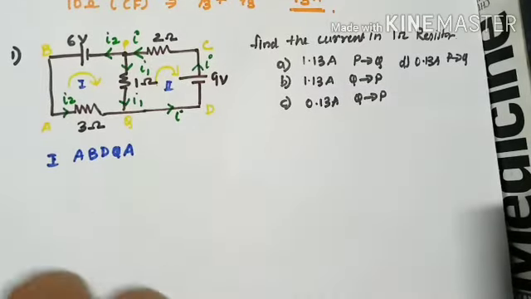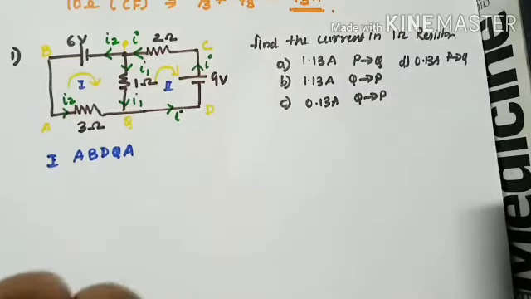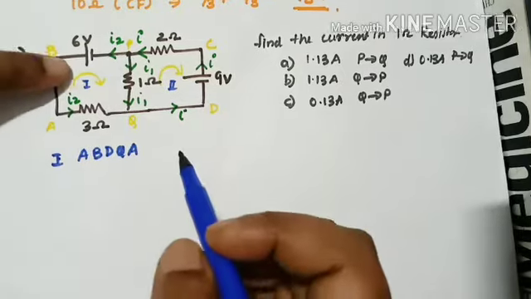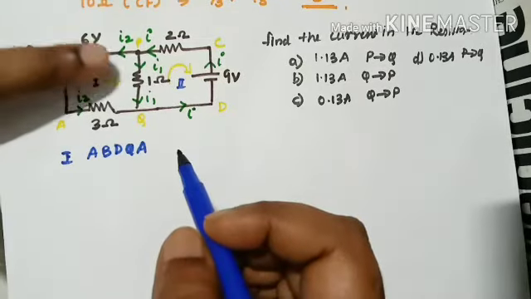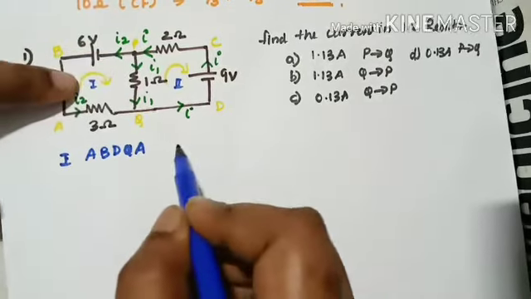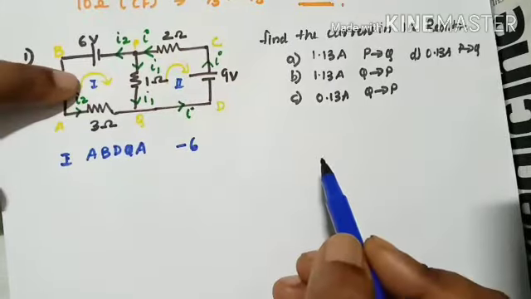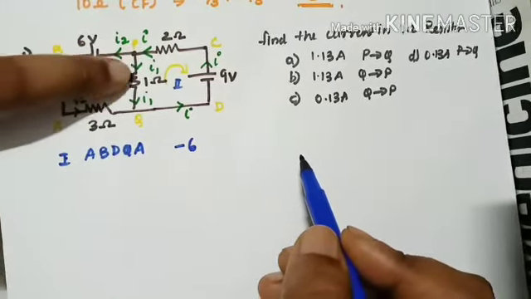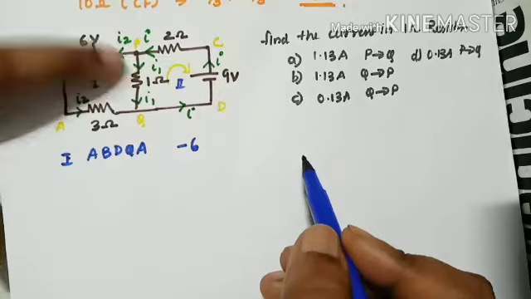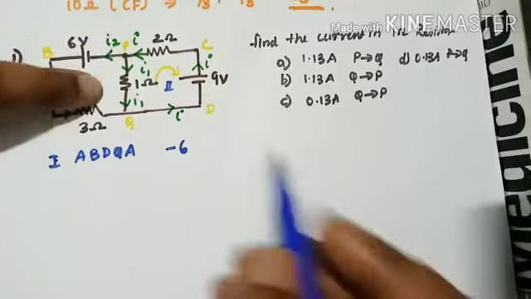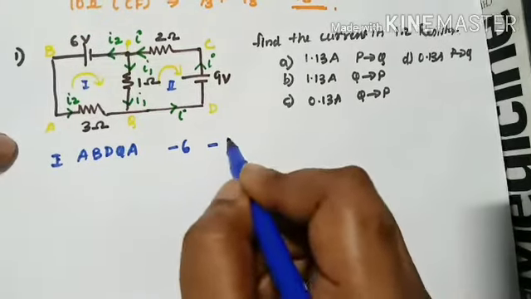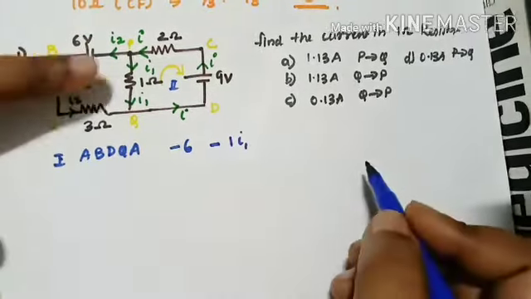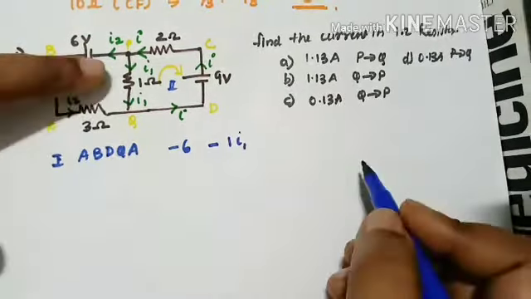Right, now loop 1. Let's go on. We'll start with the 6 volt battery. I'm moving from the positive terminal to the negative terminal, so it is -6, right? Then I'm moving clockwise, right? I reach the 1 ohm resistor and I am moving in the same direction as the current, so it is -1 into I1, right? Then I am moving in this direction, but the current is in this direction.